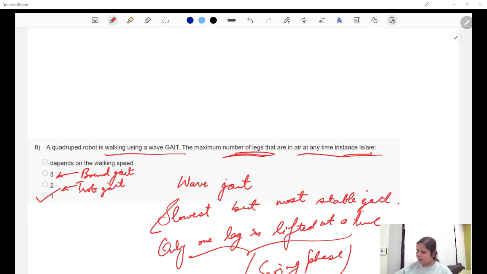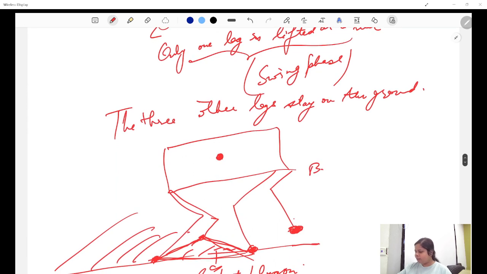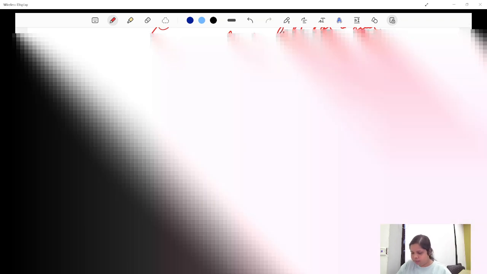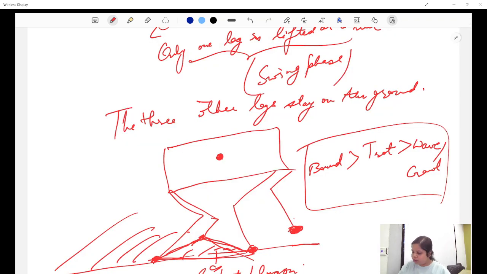So what happens if you compare the speed now? Bound gait has more speed than trot, than wave or crawl gait. Got it? It is in this way. One more thing is that hexapods, the 6-legged ones, use tripod gait.